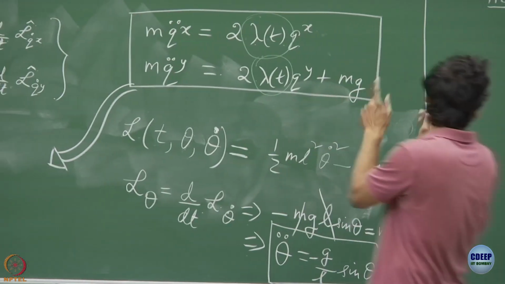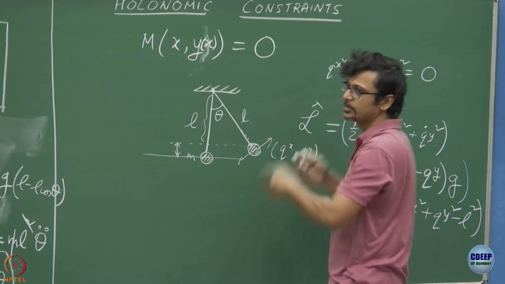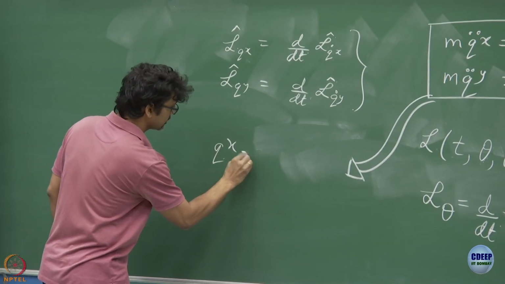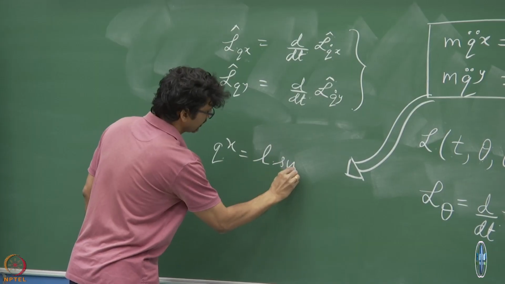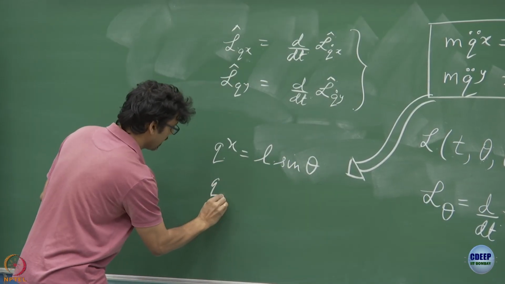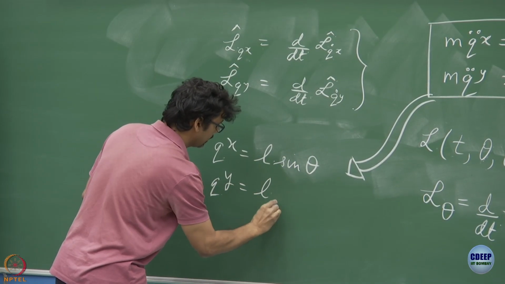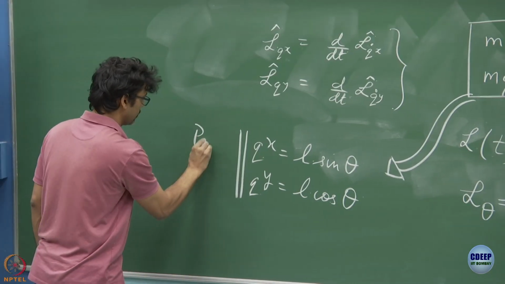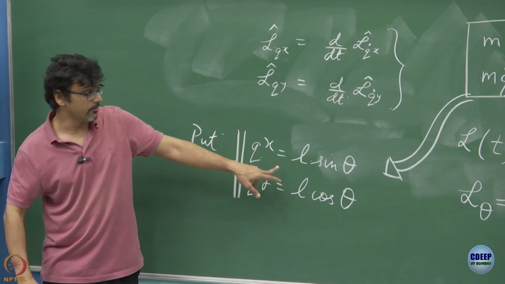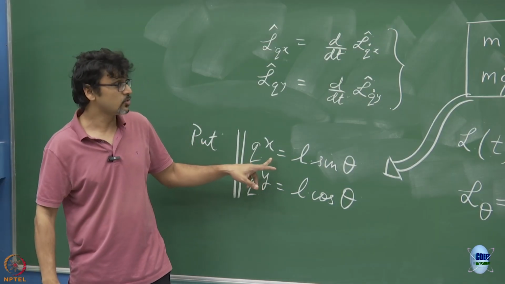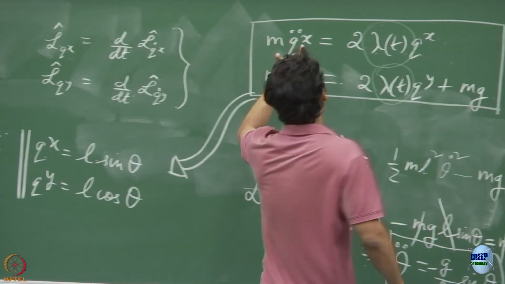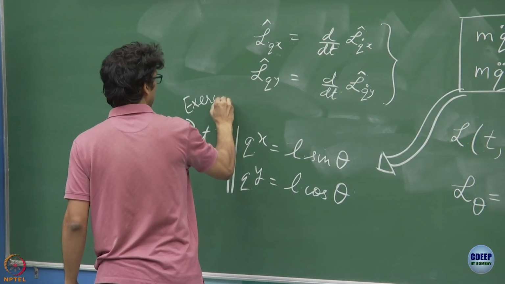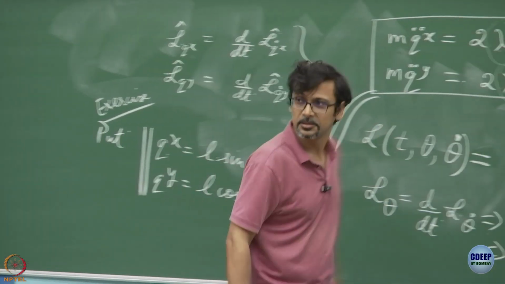Well, to do that you have to again go back to this constraint and say that let us substitute qx is equal to L sin theta and qy is equal to L cos theta, and then take the time derivative of this once, take the time derivative of this twice, plug it in here. So this is an exercise, I urge you to complete this exercise, who knows, it might help you in your exams.